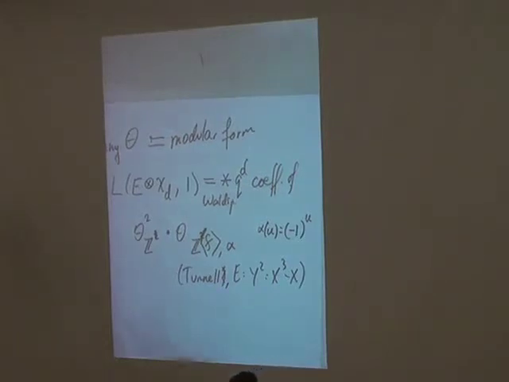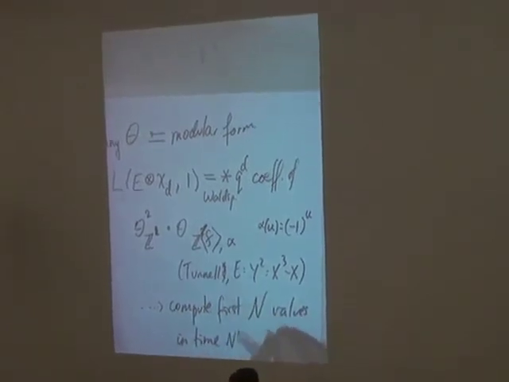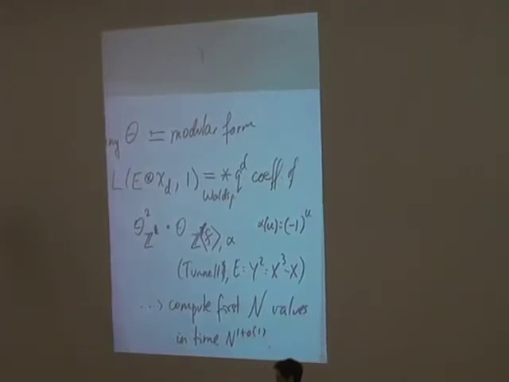So that means that after being reasonably clever with the computation, you can compute the first n values in time almost constant per value that you're computing, which is essentially as good as you could hope for. And this O of 1 is really n times some power of the logarithm. And so that's been used to compute these out to levels that would have seemed fictional 20 years ago. You can compute the first 10 to the 10th of these coefficients.